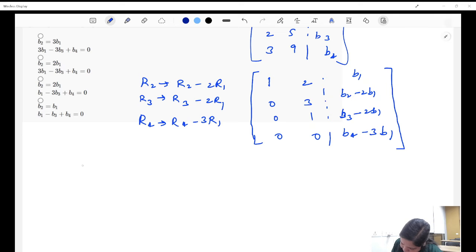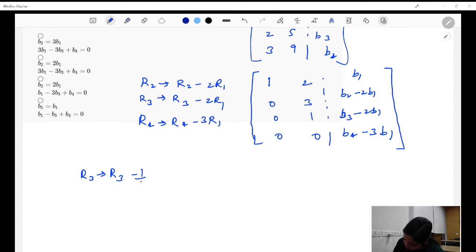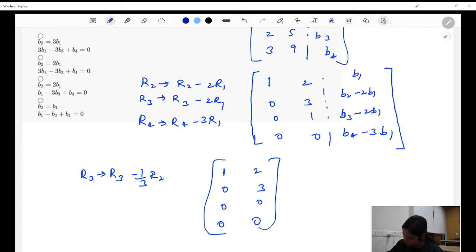What we'll do? R3 minus 1 by 3 R2. Let's do this, so that we have an even more simplified version. So 2 rows become 0. Sorry, this is an augmented matrix. This would remain B1, right?